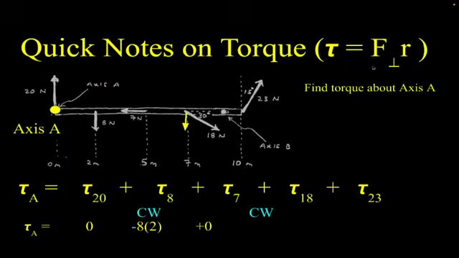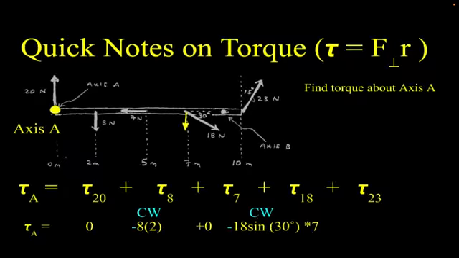As you can see here, my little abbreviated definition of torque, I'm calling it F perp R. So this thing I'm blinking here is the F perp that goes along with the 18 Newton force. The strength of that force would be 18 sine 30. And so this term is going to be 18 sine 30 times 7 because we're 7 meters away from the axis. Now this term is also negative because that will make a clockwise torque.